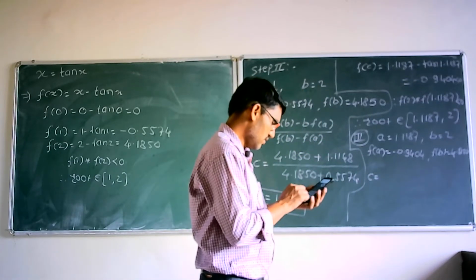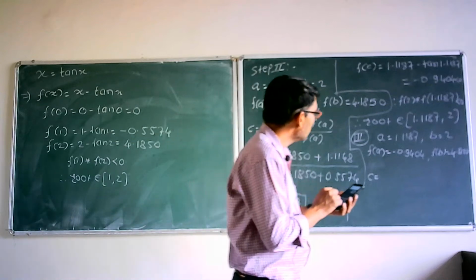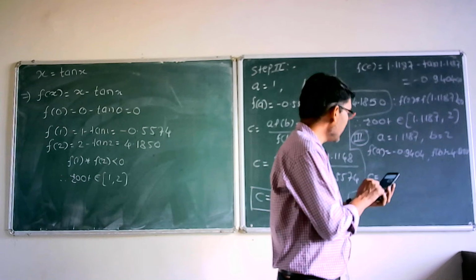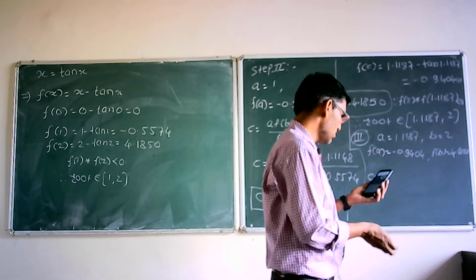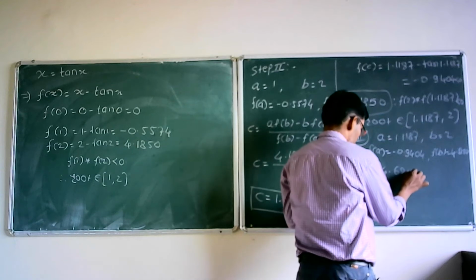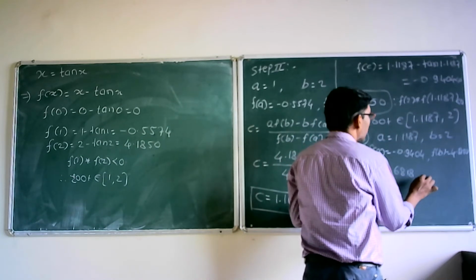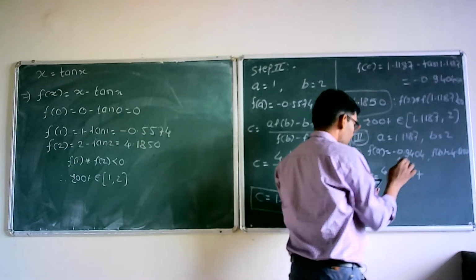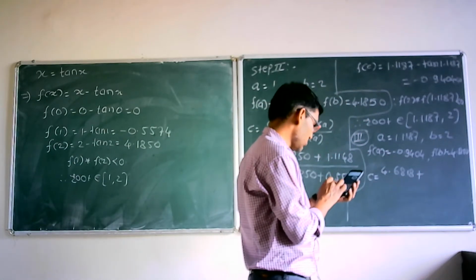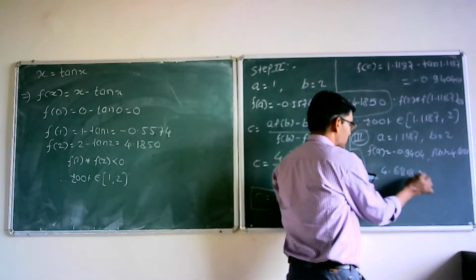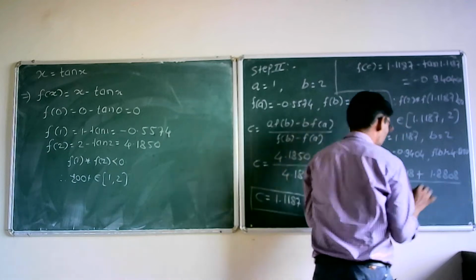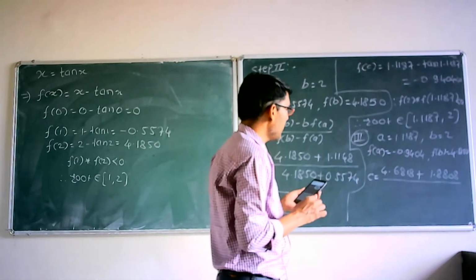So 1.1187 multiplied by 4.1850 is 4.6818. Then a f of b minus plus b f of a: 2 into 0.9404, because of the minus sign, minus becomes plus, is 1.8808. This whole is divided by f of b minus f of a.